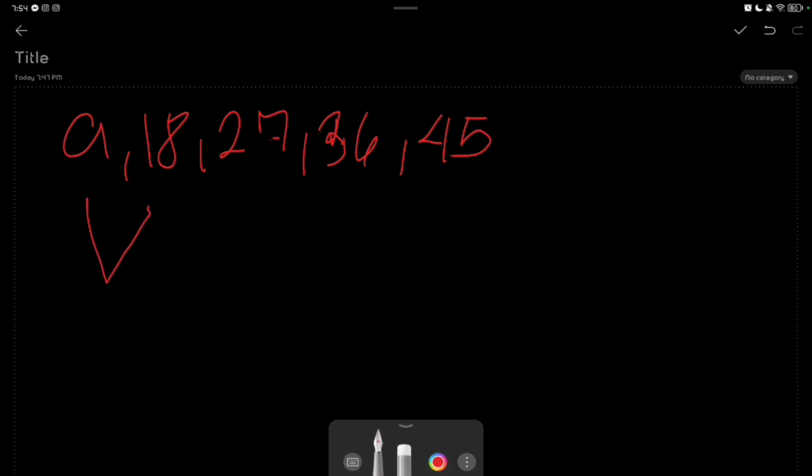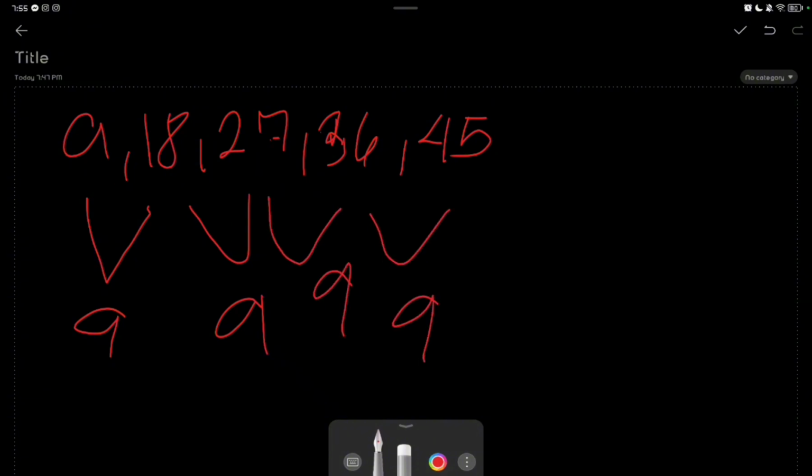So 18 minus 9 is equal to 9. And then 27 minus 18 is equal to 9 also. So here we can see the pattern. The pattern is you will add 9 for the next term, just like this. 9 plus 9 is equal to 18. 18 plus 9 is equal to 27. 27 plus 9 is equal to 36.